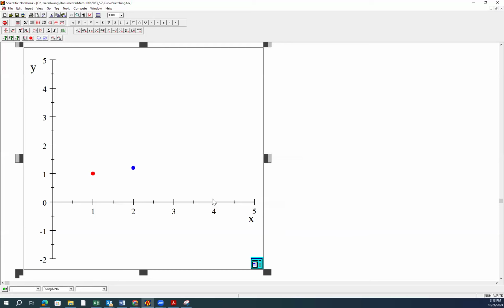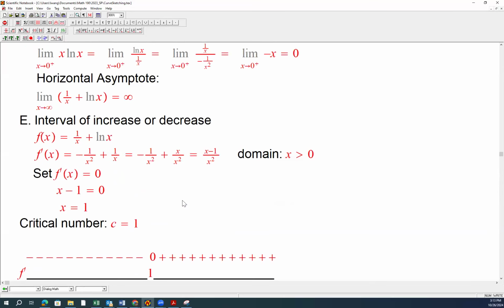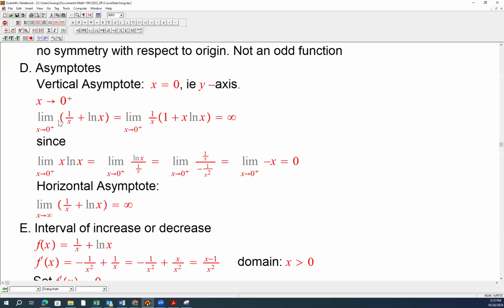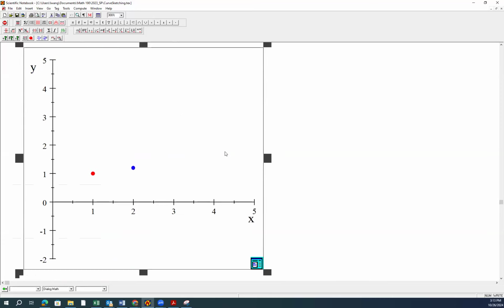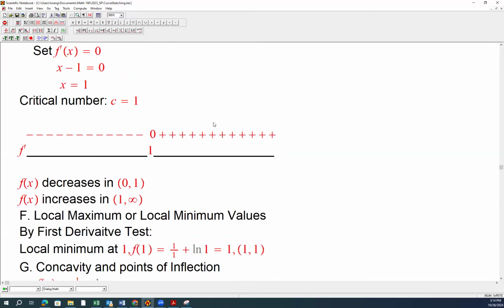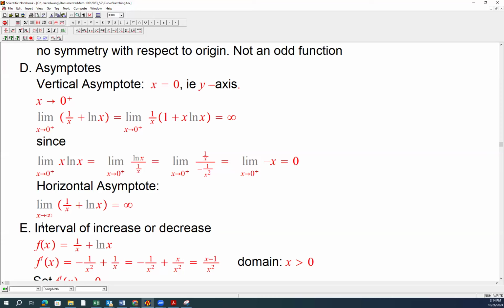So for the change of concavity, when x is approaching 0, remember that vertical asymptote we tried to find? When x is approaching 0 from larger than 0, the function approaches positive infinity. So the curve is coming down like this, decreases, and then increases, goes up. The horizontal behavior tells us as x approaches infinity, the function goes to positive infinity.